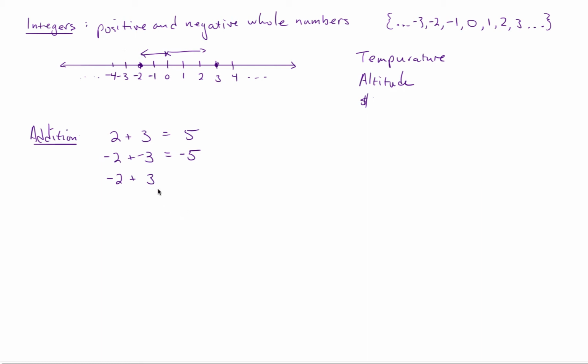This is the same as taking the bigger number minus the smaller number: 3 minus 2 is 1. And because the bigger number was positive, it wins the tug of war. You could also visualize this as you have $3 and you lost $2. Well, your net amount of money is $1.